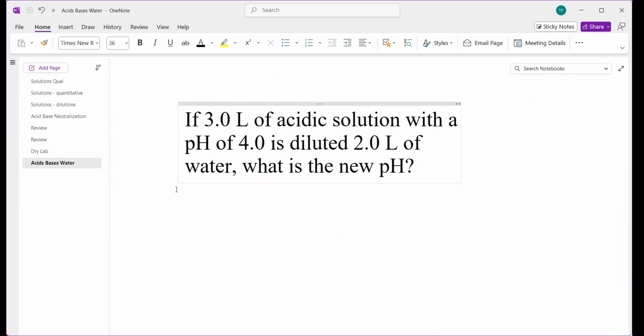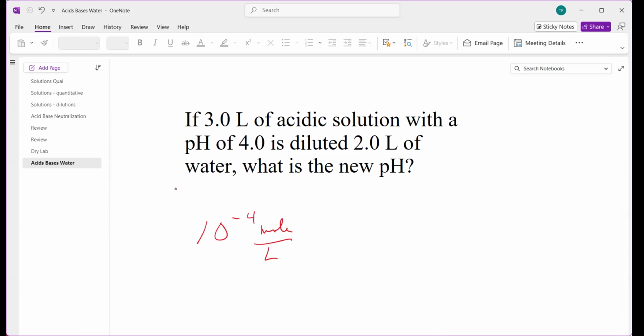Okay, so pH of 4 is the same as 10 to the minus 4th. Remember, logarithms are just another way of talking about exponents. And it's the negative log. That's why it's a negative 4.